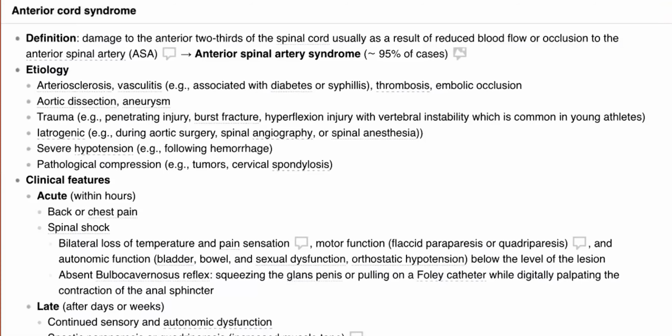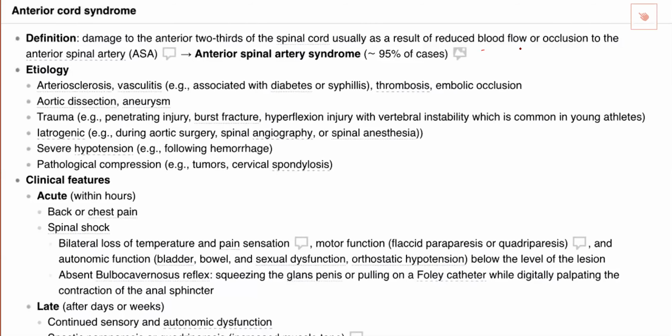Anterior cord syndrome. It is damage to the anterior 2/3 of the spinal cord, due to reduced blood flow or occlusion of the anterior spinal artery. It is called anterior spinal artery syndrome, 95% of cases.